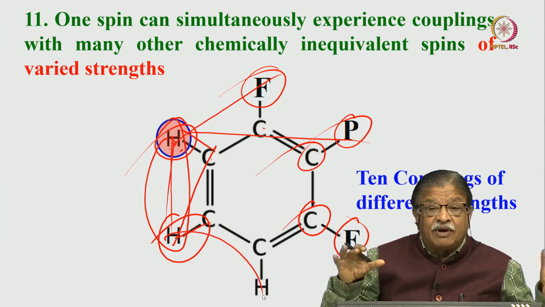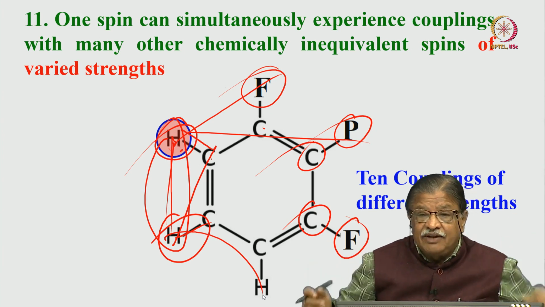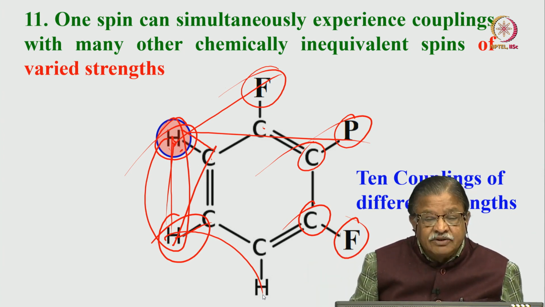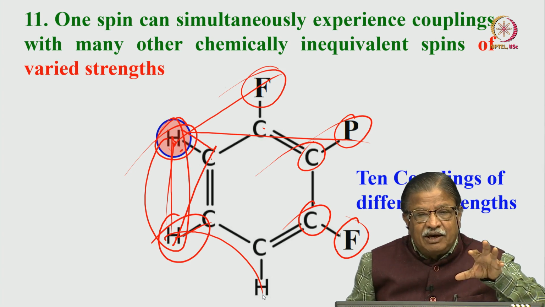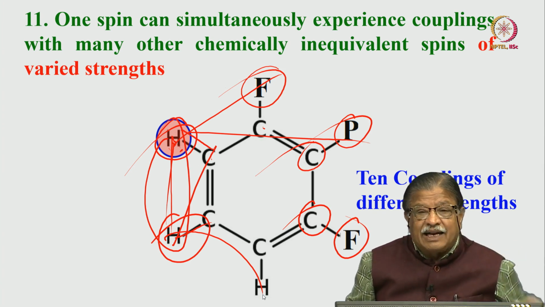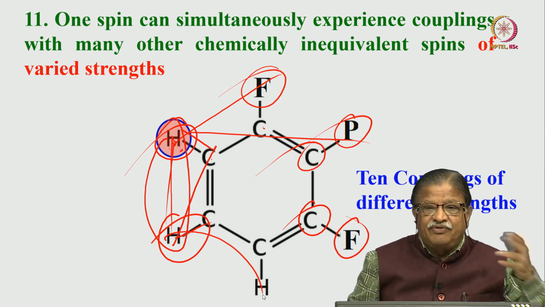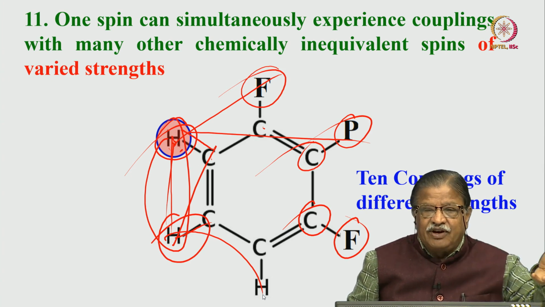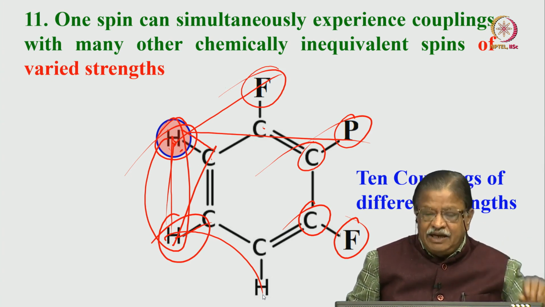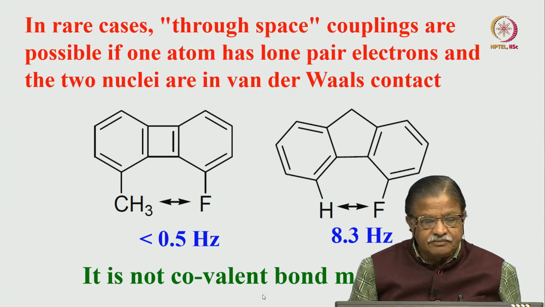This can also have 10 different couplings. So, each spin in a given molecule can have n types of interactions with different nuclear spins, with the strengths being different also.